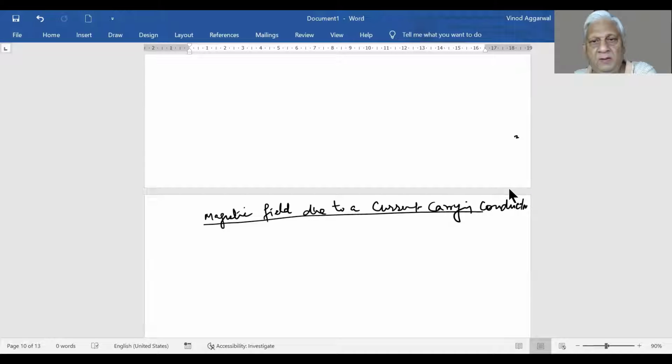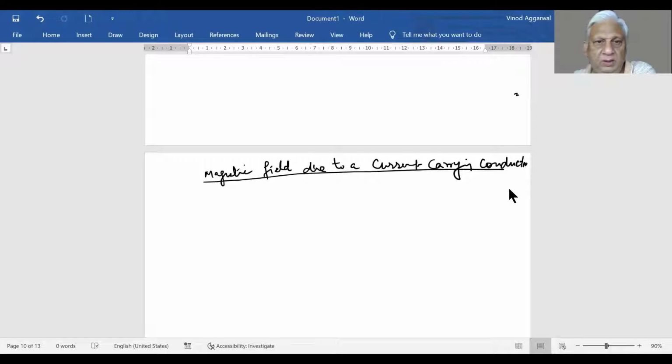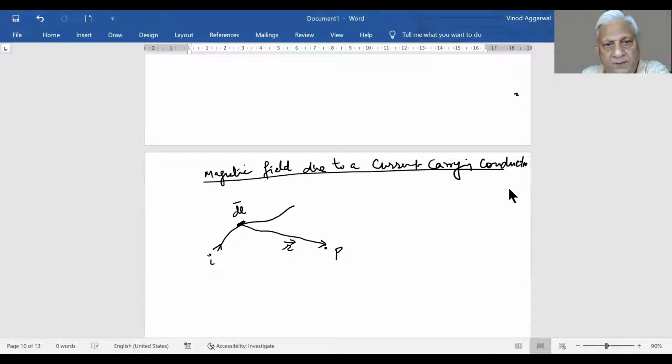Let's take a conductor which is carrying current I. Then we want to find out the field at point P. Let us say we have a small portion of the wire, which is dl, which makes R radial vector to the point P.